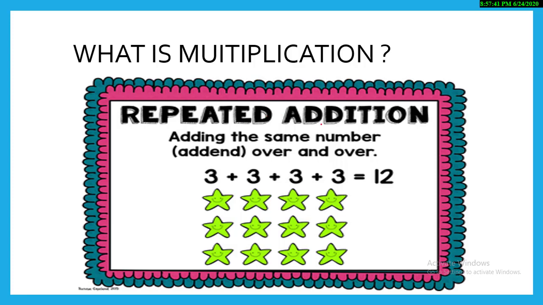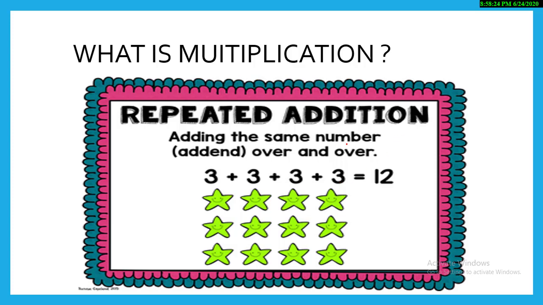For example, if you add 3 plus 3 plus 3 plus 3, all the numbers are the same. Adding them again and again takes a long time, and it is not a correct way to add the same numbers. So rather than adding 3 plus 3 plus 3 plus 3 and finding the answer 12, it's better to use the multiplication method and multiply it.